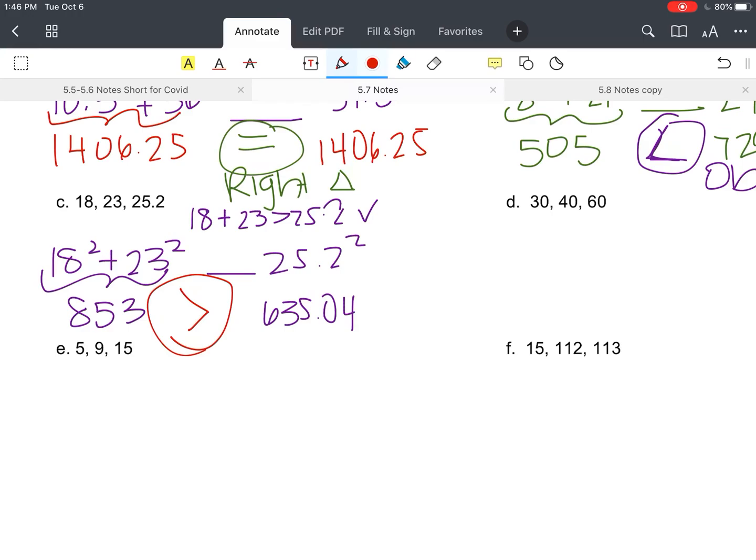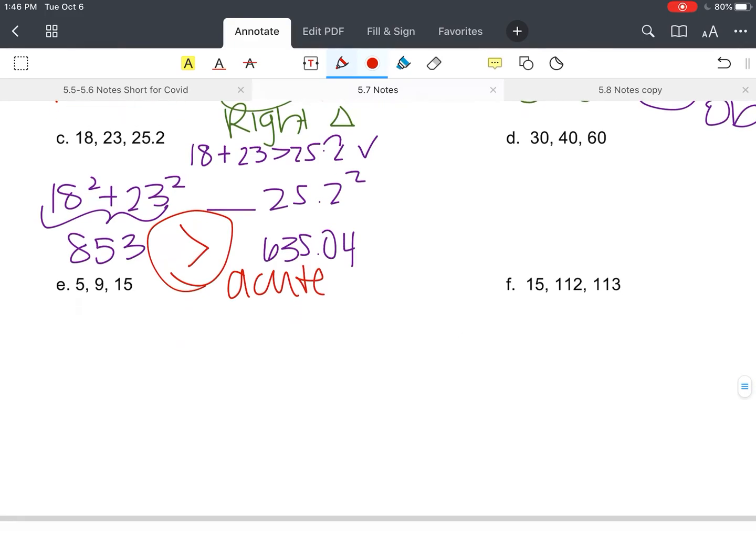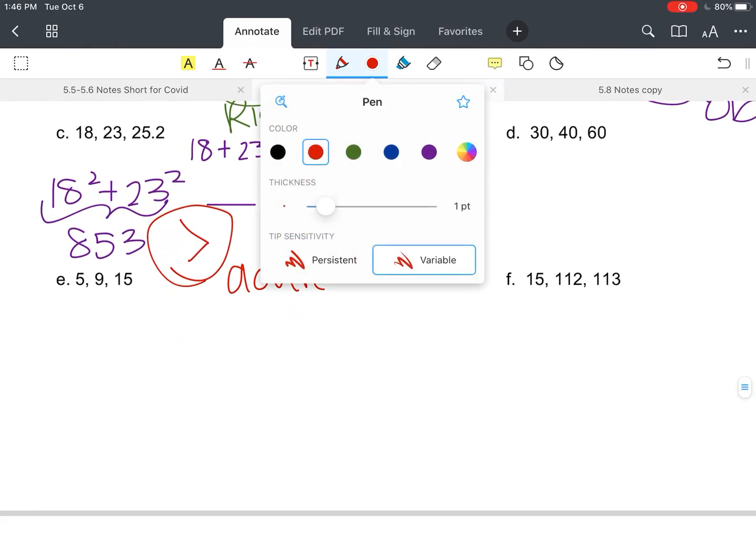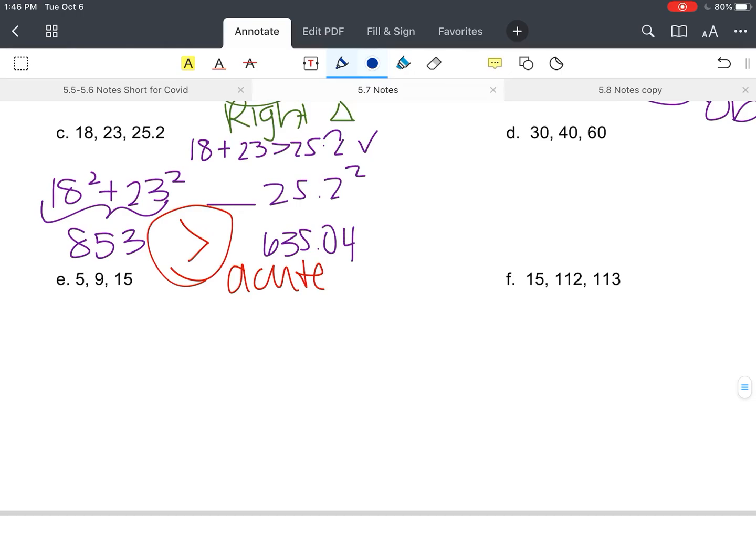Comparing them, 853 is definitely bigger. So in this case, a squared plus b squared is bigger than c squared. So this is an acute triangle. So that's how you do these problems. We'll do letter E together, and then you're going to need to try D and F on your own.